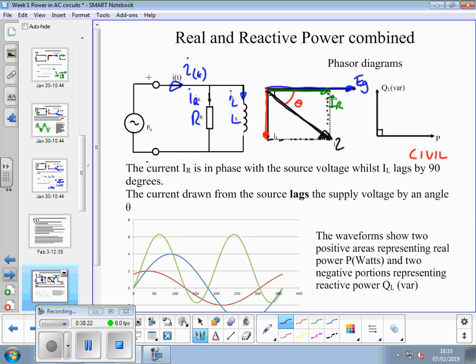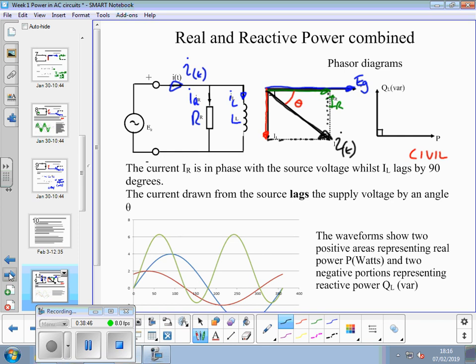There is the main I at time t, out of phase with the generator voltage, out of phase with the resistor and the inductor current, but that's the overall phase angle of that current flowing there.